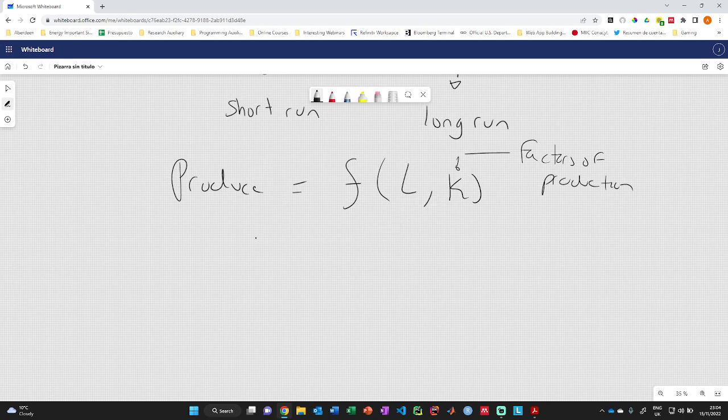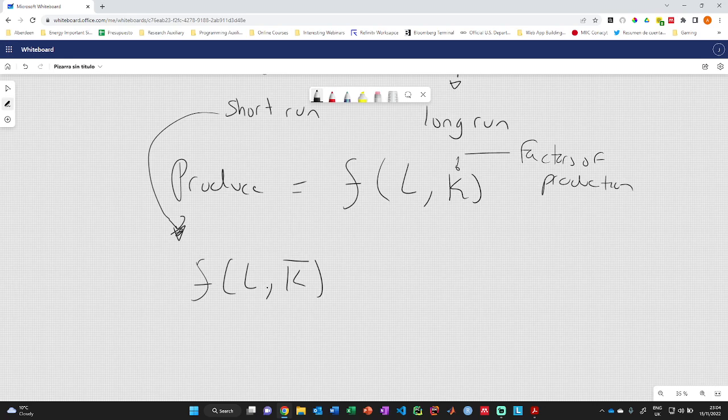We say that we're in the short run if one of these factors of production is fixed. For example, if we say that labor is fixed, that we cannot change capital, then we're in the short run. Imagine this, because it's normally easy to change labor.